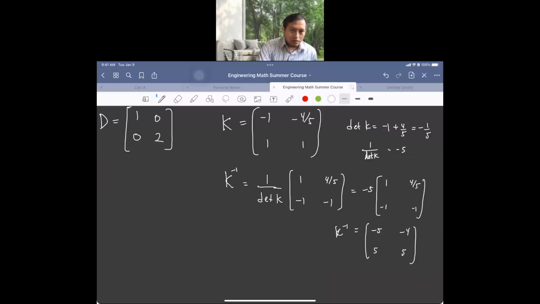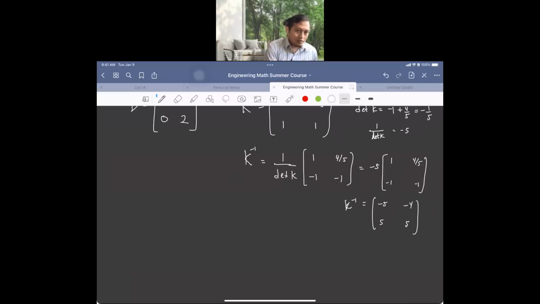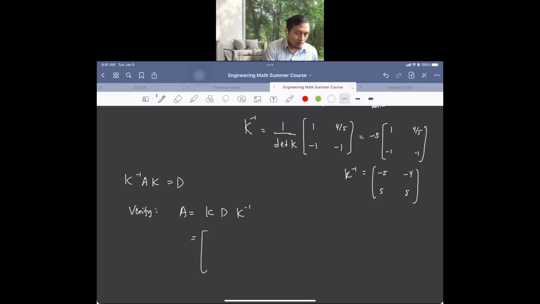So all components completed, then we can confirm that this should be K. So we can verify that A is K, D, K inverse.